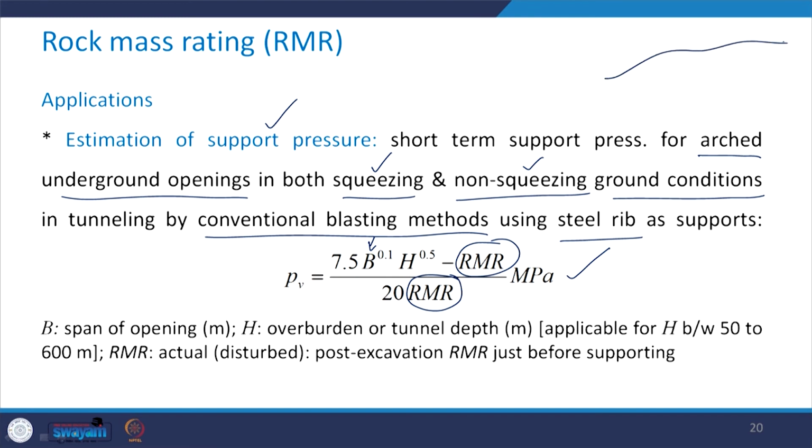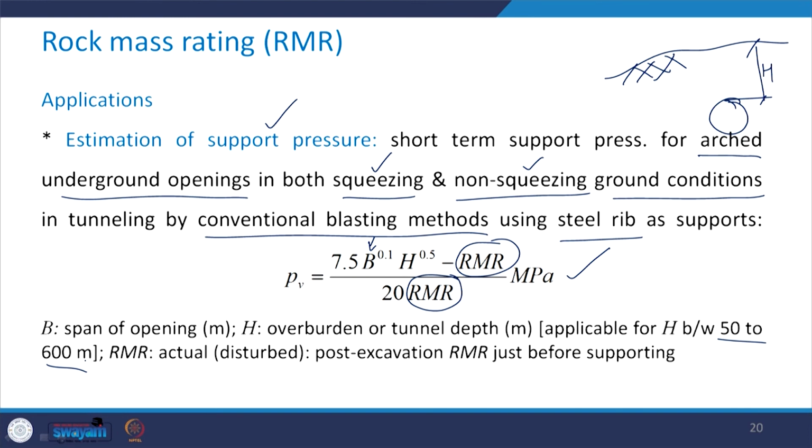Let us say this is the ground surface, and here you have, let us say, the excavation. From this point to this point, this is going to be your H. This is called the overburden. And this expression is applicable for H between 50 to 600 meter.